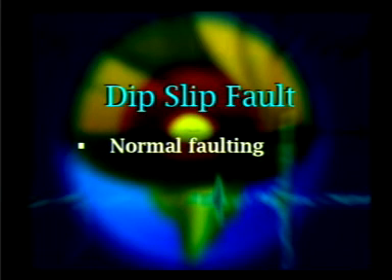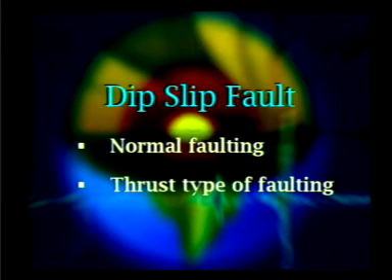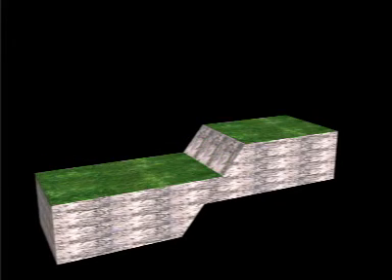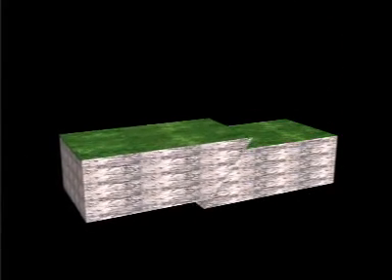The dip slip faults are again categorized into two types. One is normal faulting and another is thrust type of faulting. In normal faulting, the hanging wall goes down, while in reverse type of faulting, the hanging wall goes up.